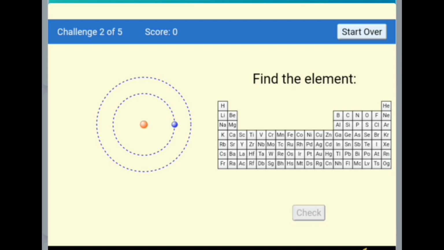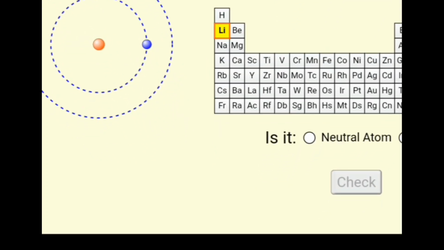All right. That's the first format, but let's look at it further. This is representing the structure of an element. Now, what is inside there is 1 proton, and what is outside there is what? 1 electron. Of course, if I say this is lithium, that will be wrong. The only element that has 1 proton is what? Hydrogen.